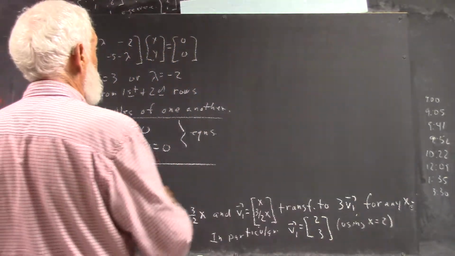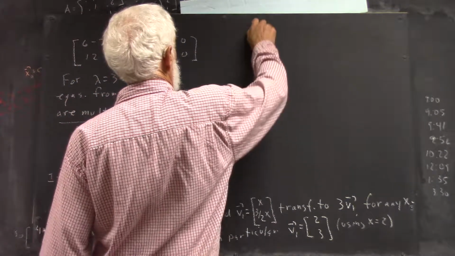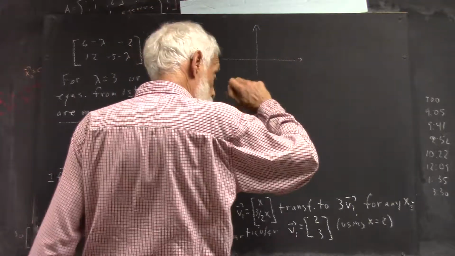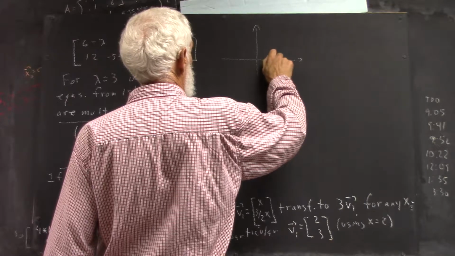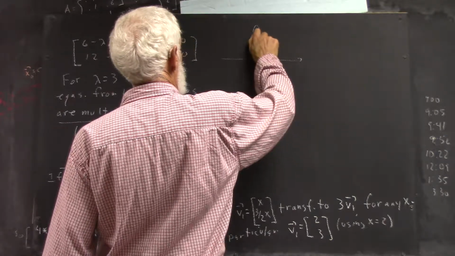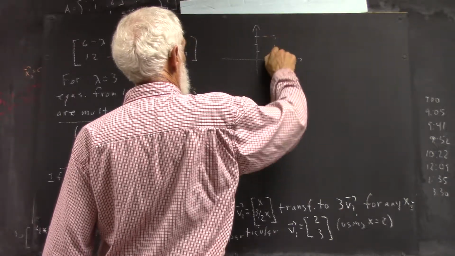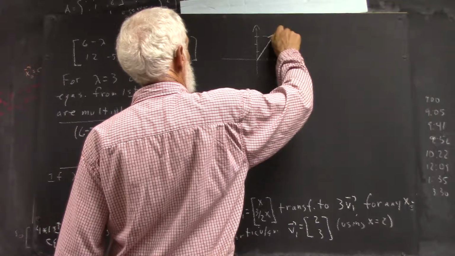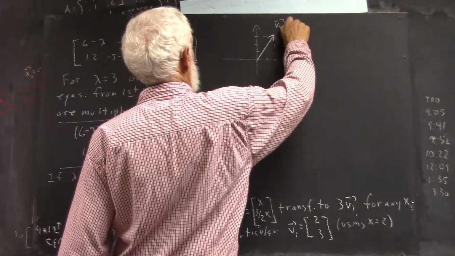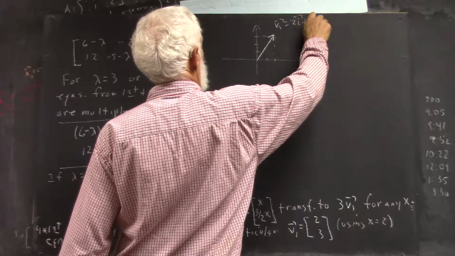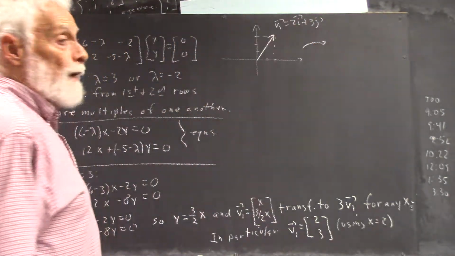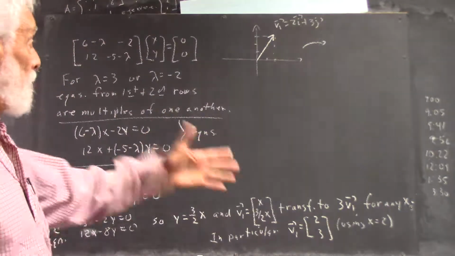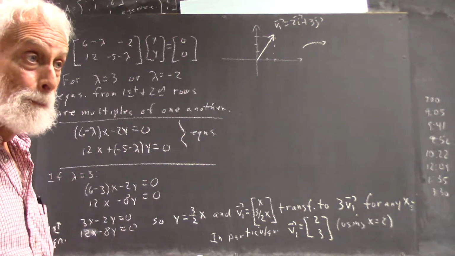So now we can come up here and we can see that part of our picture of the transformation is that the vector 2i plus 3j under transformation maps onto the vector 3 times that, 6i plus 9j.